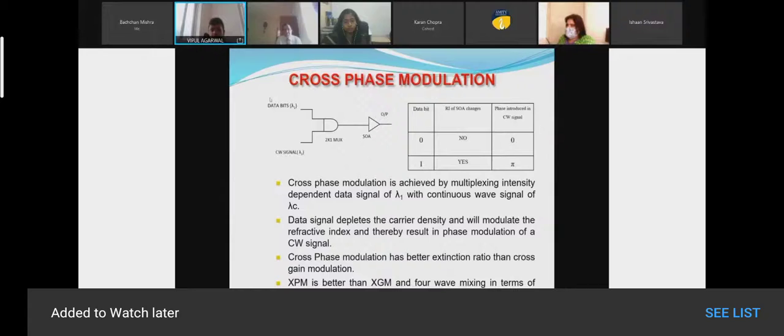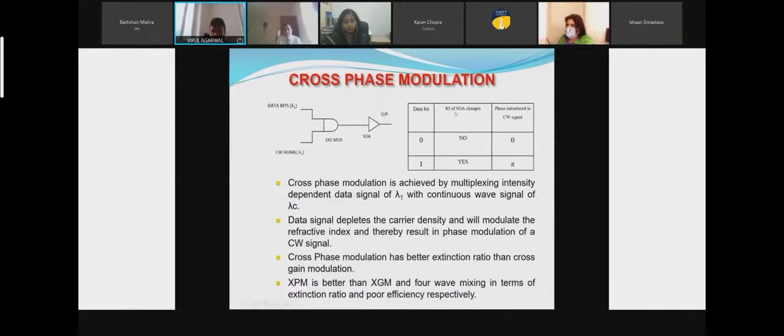But whenever the data bit is 1, there will be a depletion of electrons in the conduction band, and that will cause a change in the refractive index, and that will introduce a pi phase shift. Now remember, this phase shift will help us to get constructive and destructive interference. For destructive interference, we say 0 is obtained, and for constructive, 1 is obtained.